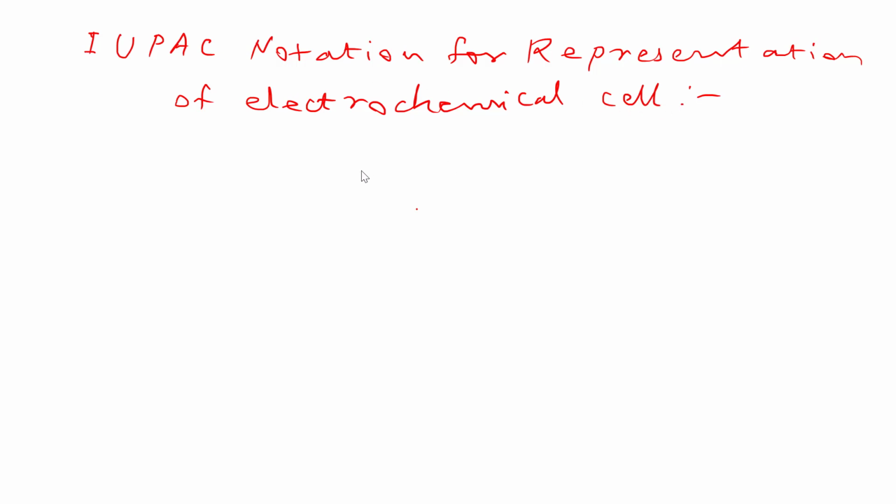For representation of an electrochemical cell or galvanic cell, the first thing we do is draw two parallel vertical lines in this way. These lines show the salt bridge. Got it? Now this is the left hand side of the salt bridge and this is the right hand side.